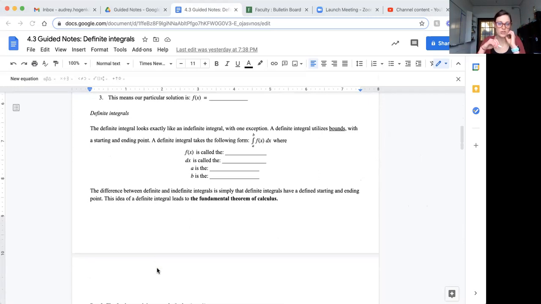The definite integral looks exactly like an indefinite integral with one exception. A definite integral utilizes bounds with a starting and ending point. A definite integral takes the following form.